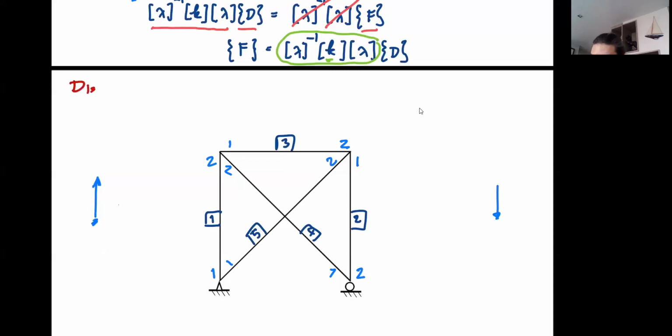Remember, this is the displacement method. And this is the truss. So it's a two-dimensional system, the two force member. It's a displacement method. So how many displacements do you need to solve for this truss? Remember that this is not a joint. How many displacements do you need to solve?